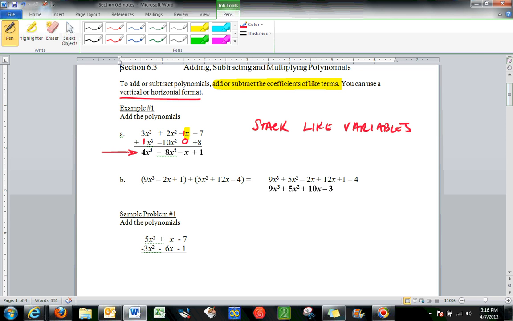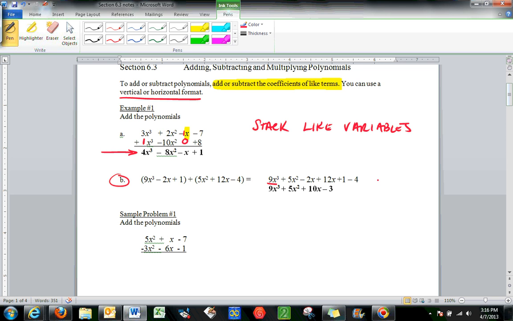Now, the way that most of y'all have probably seen it more often than not is like B in a horizontal format, where we have one polynomial added to another. In this case, since we're dealing with addition, we just simply drop parentheses. And so you can see we drop the parentheses. And now all we're trying to do is combine like terms. So you can see we have 9x to the third power.